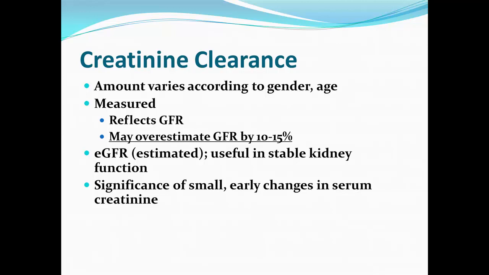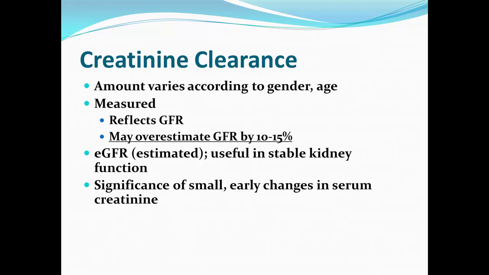Now, the last thing that I put on here is the significance of very small early changes when that serum creatinine is changing. And what I mean by that is a 1 milligram per deciliter change represents a different damage and decrease in function depending on where that change occurs.